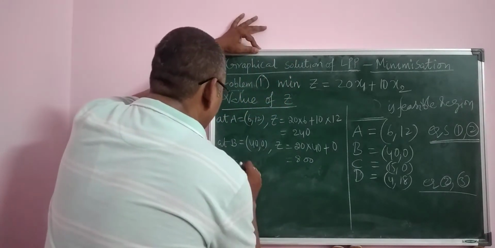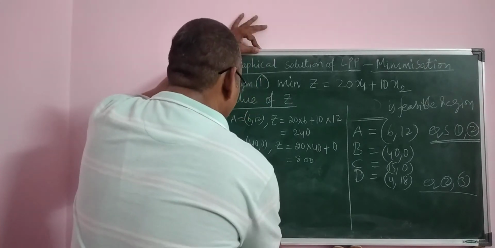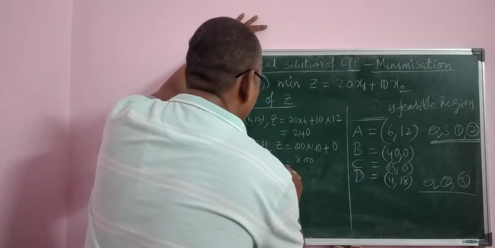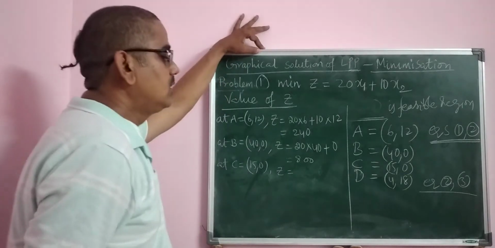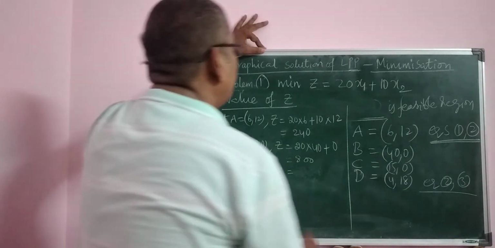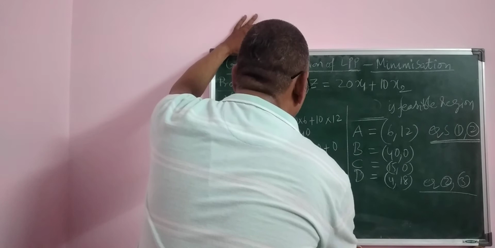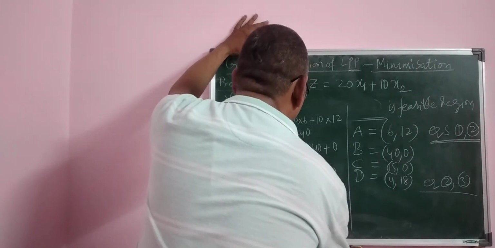At C, (15, 0), z is equal to 20 into 15 plus 0. It is 300.